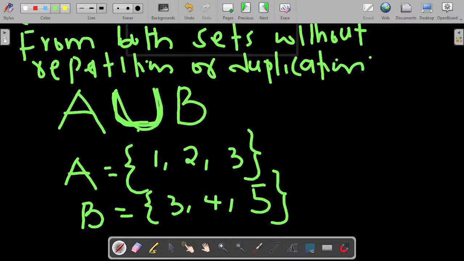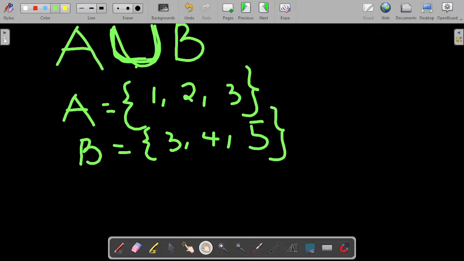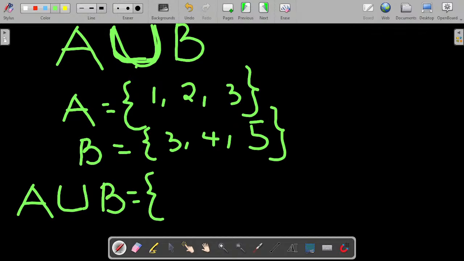They're asking us to find A union B. Remember, union means you combine the two sets, but you don't repeat any element. So let us combine them now. You start from the least number.